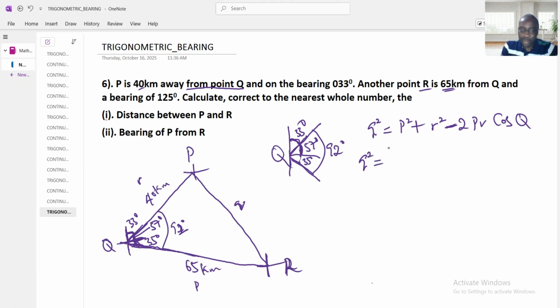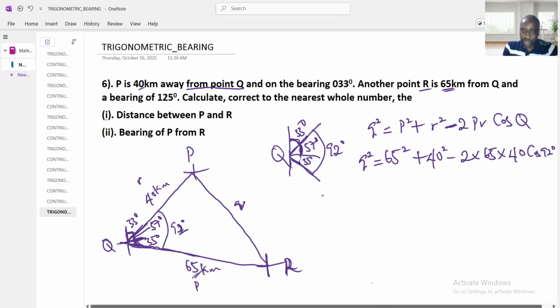We don't know. What is our small letter p? 65 kilometers, raised to power 2, plus what is our small letter r? 40 raised to power 2, minus 2 multiplied by 65 multiplied by 40 cosine. What cosine do we have? 92 degrees. Cosine 92 degrees.